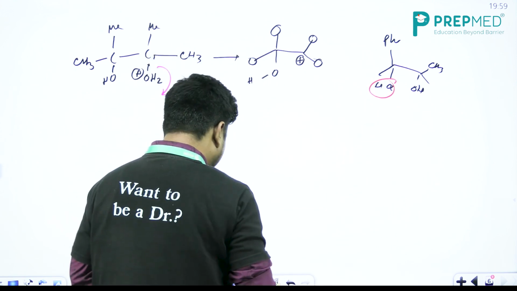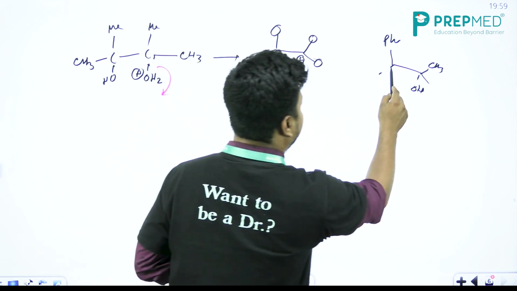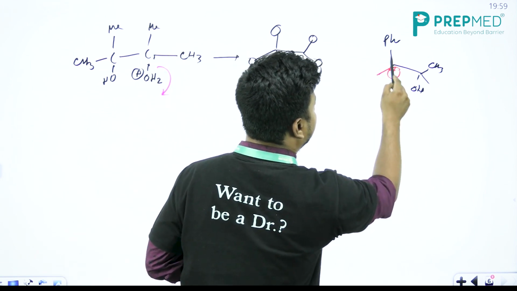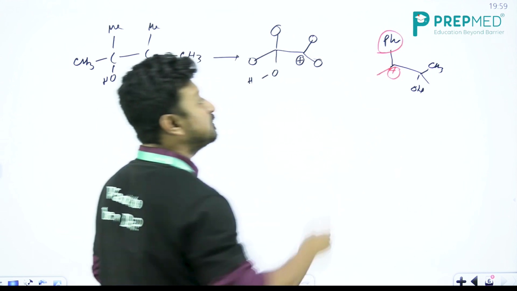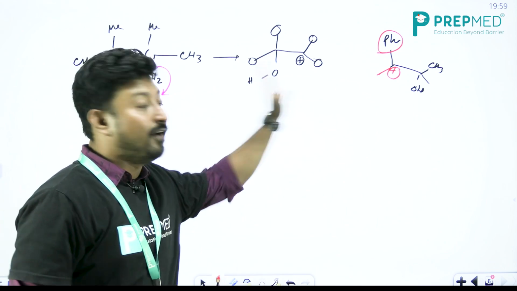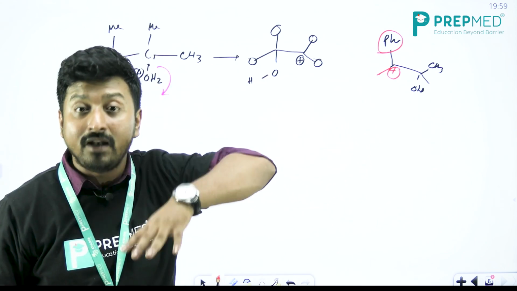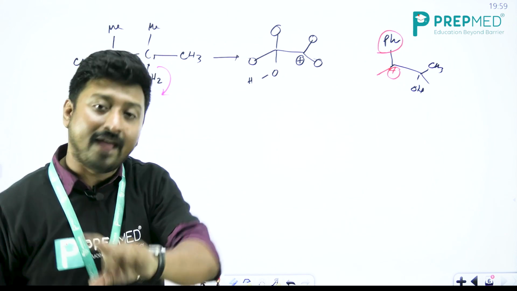Because if this part gets dehydrated, there will be a carbocation formed here which is stabilized by the phenyl group. So always remember, you have to choose the more stable carbocation in the intermediate.